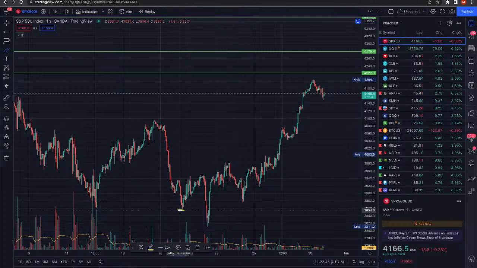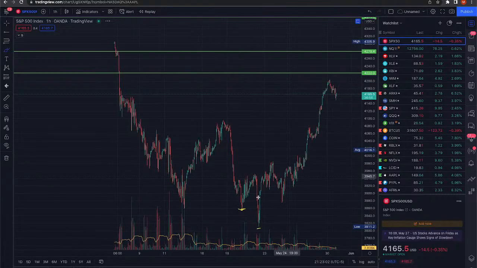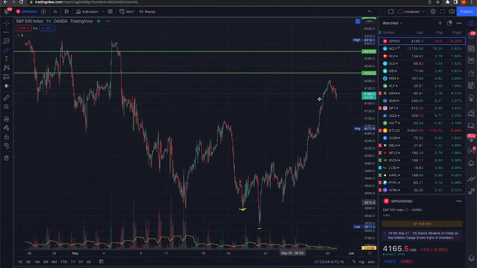But if I showed you this on SPY, we had a low here, and then this is what I talked about, trend change, something like this, where it continued up. This is a little choppy, but generally speaking, a 1 hour trend change will lead to the biggest moves.